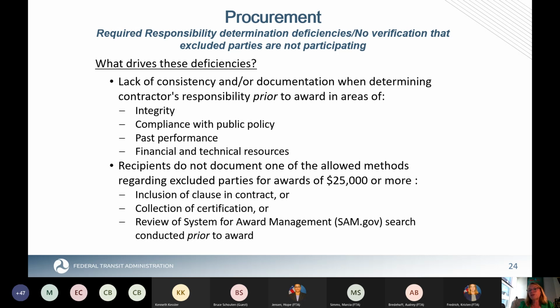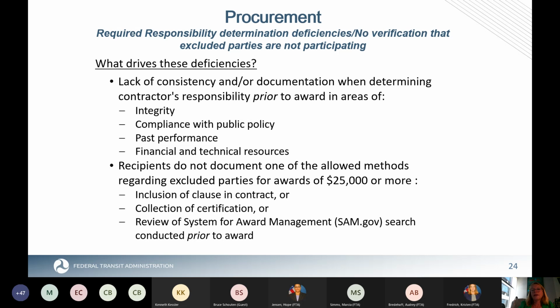And so the regulations talk about 4 things that you should be looking at: the integrity of the contractor, their compliance with public policy, their past performance, and their financial and technical resources. So depending on the size, complexity, and type of procurement, this could be a very long determination or an abbreviated determination.